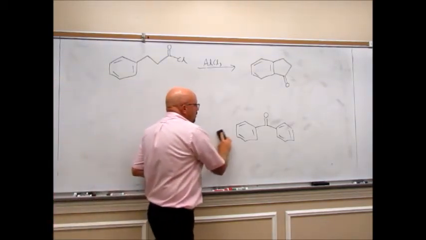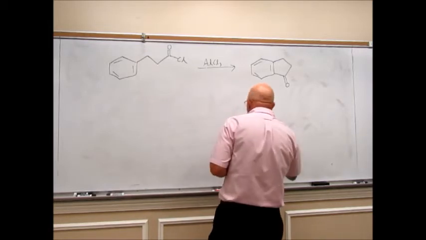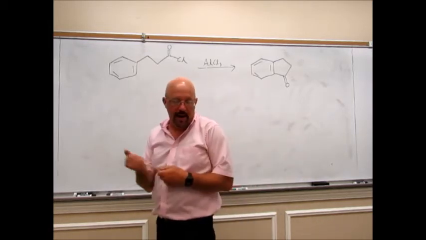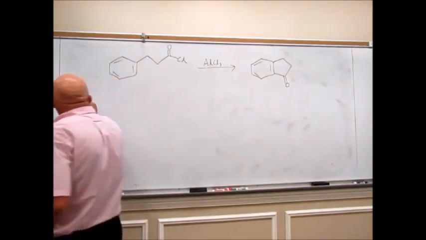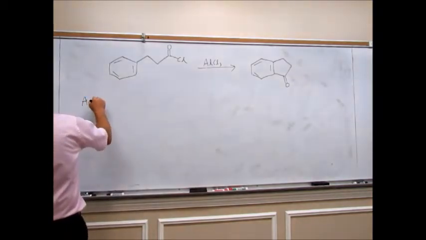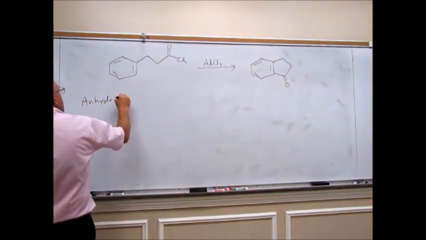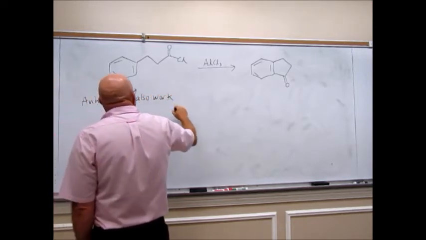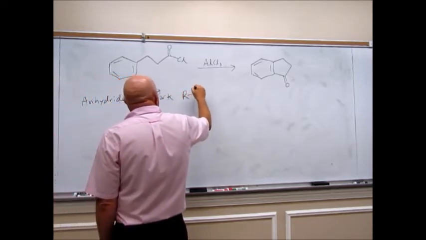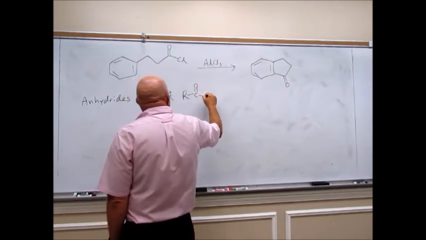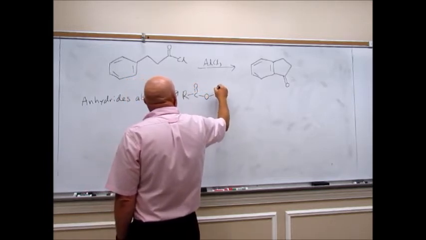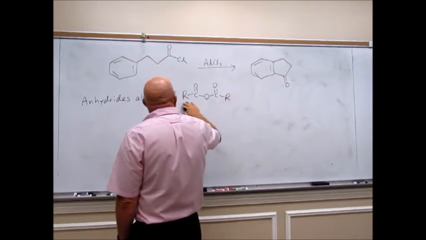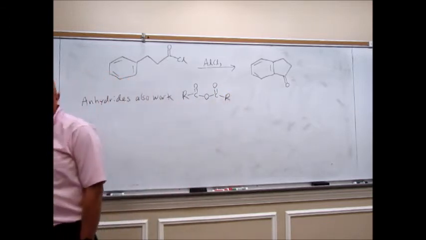Now, instead of acyl chlorides, we can also use anhydrides. An anhydride is an oxygen sandwiched in between 2 carbonyls. This is an anhydride. That's the generic formula for an anhydride.